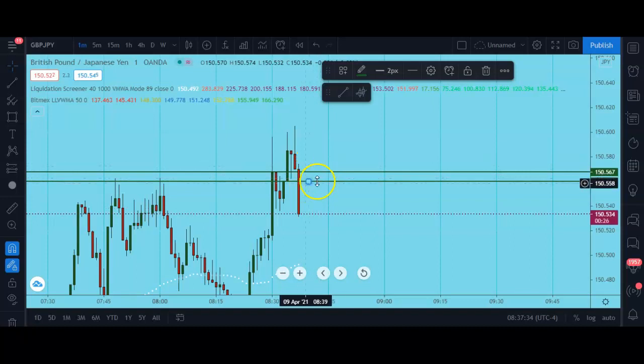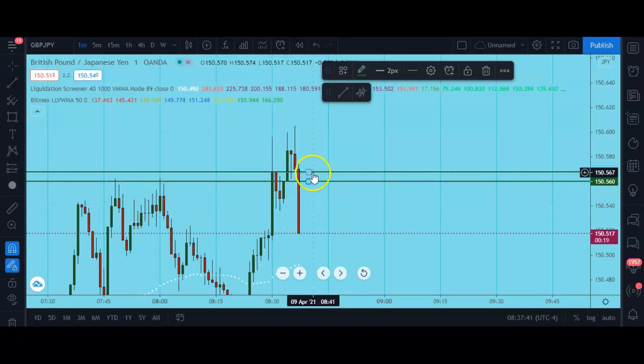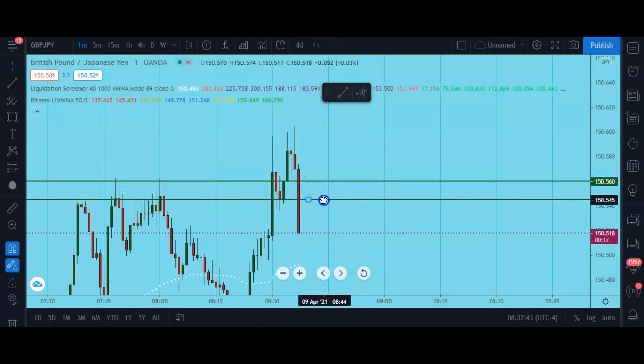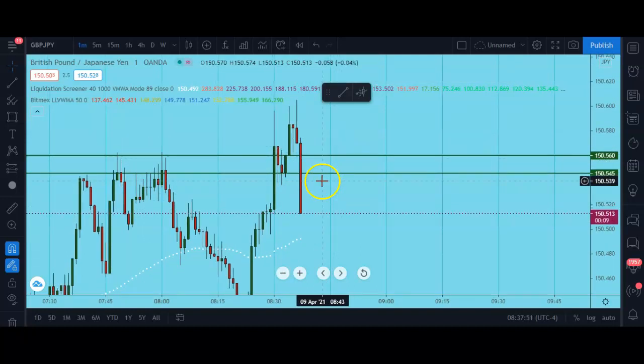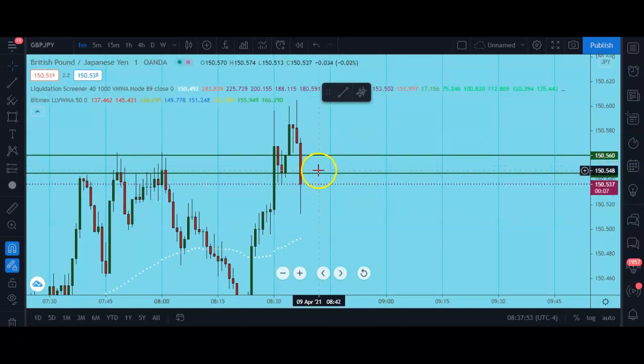And if it closes below here, then I'm expecting the next candle to definitely remain below this point. See that very, very long red candle that I knew was going to happen.